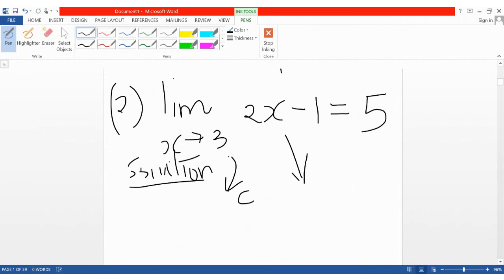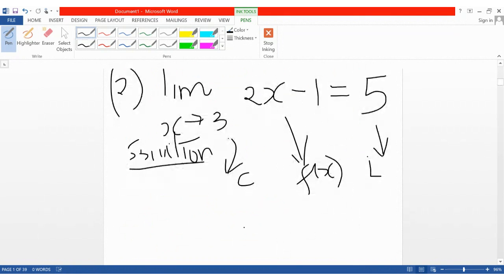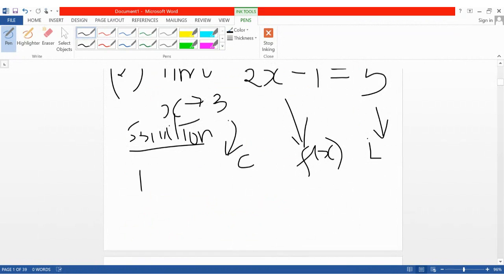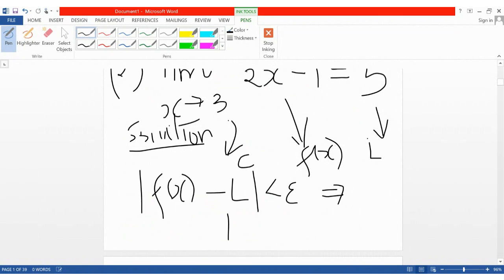So let's do this one. Remember we said the definition is that the absolute value of f of x minus L is less than epsilon whenever x minus c is less than delta. So we just input whatever we have.